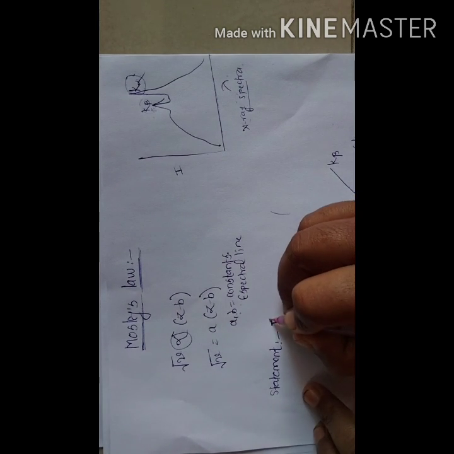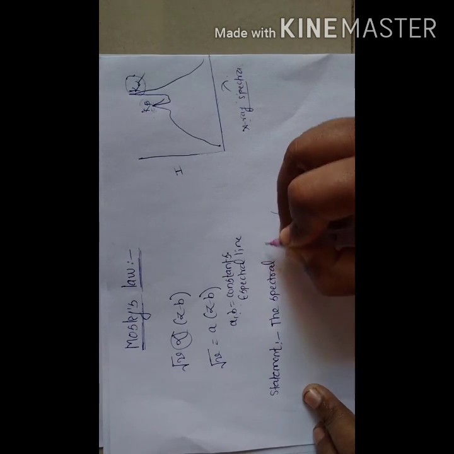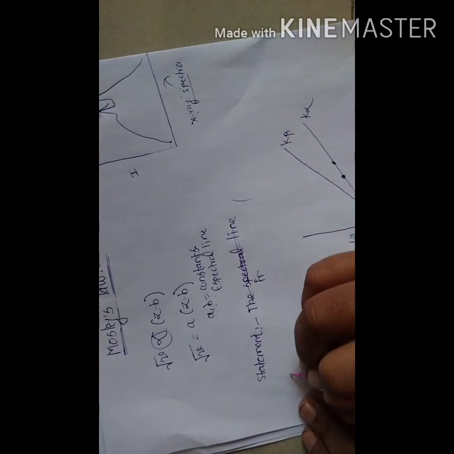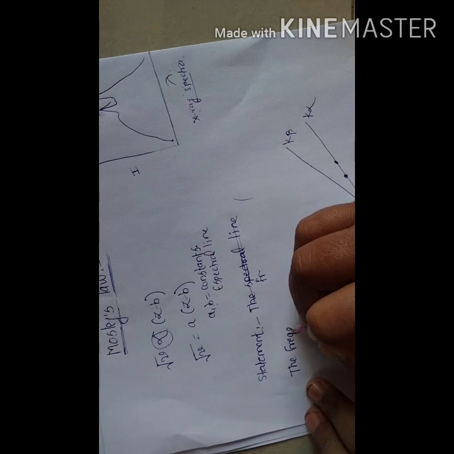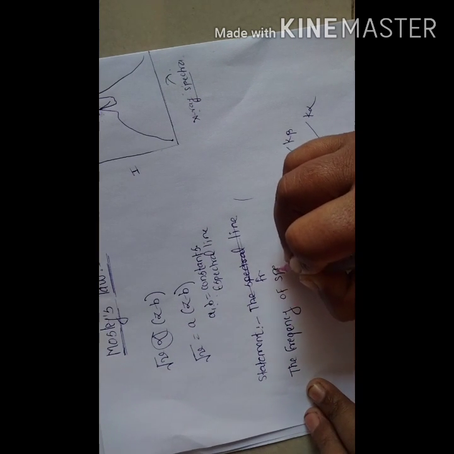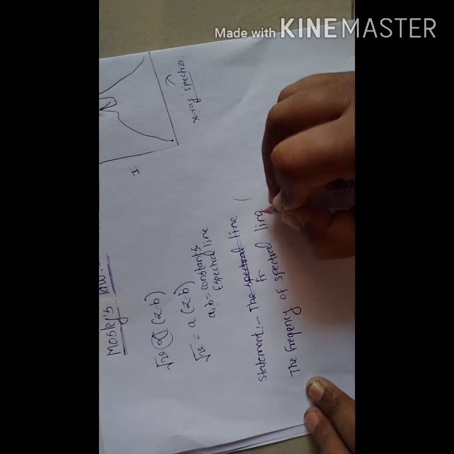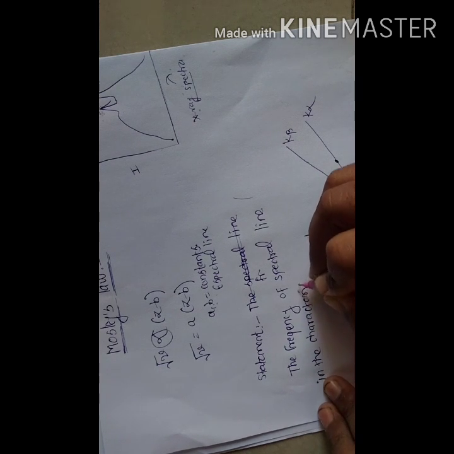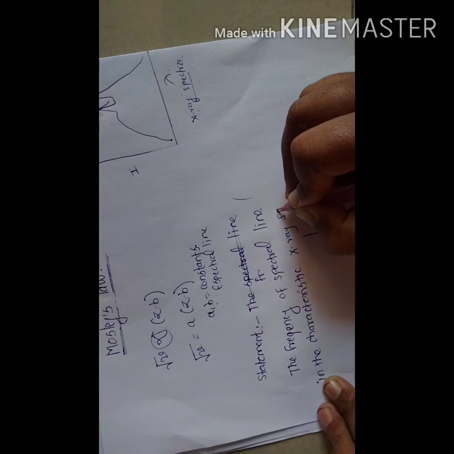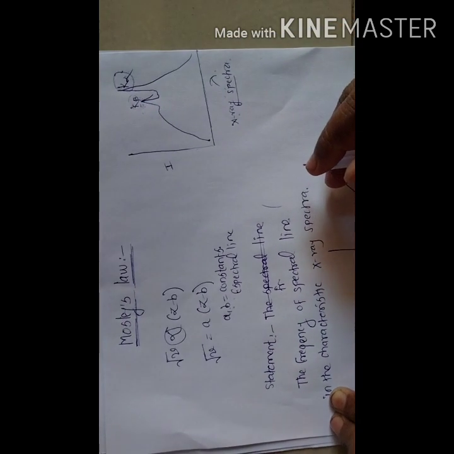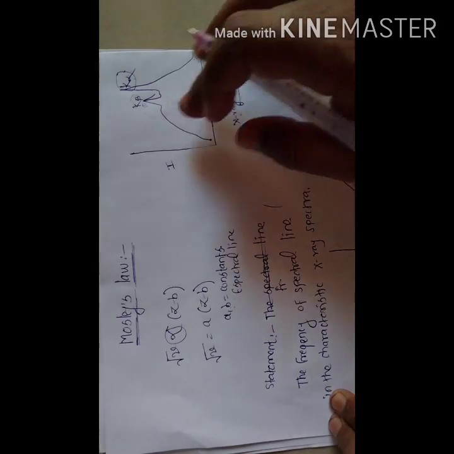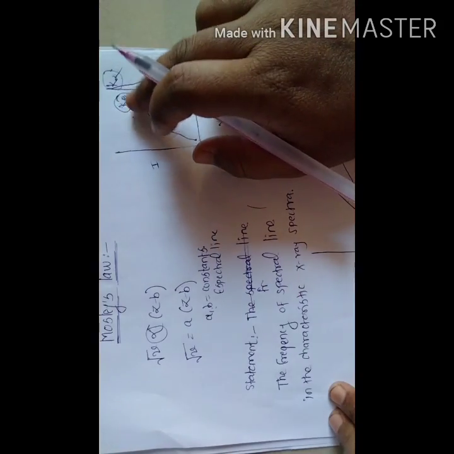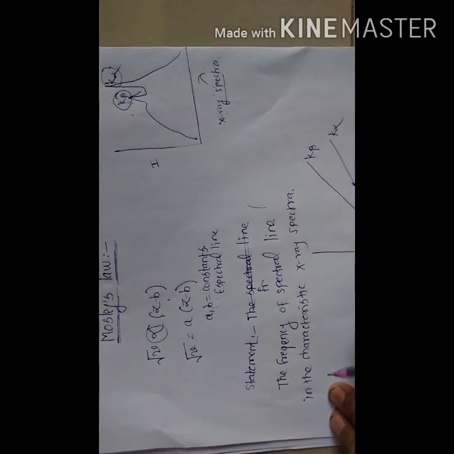We know the spectra have two types, either characteristic or continuous. This is the characteristic X-ray spectra. Suppose this is a spectral line, and the frequency of that spectral line is proportional to the atomic number.